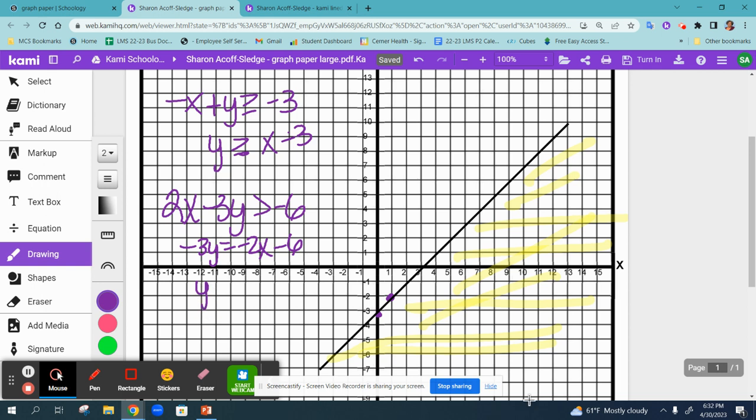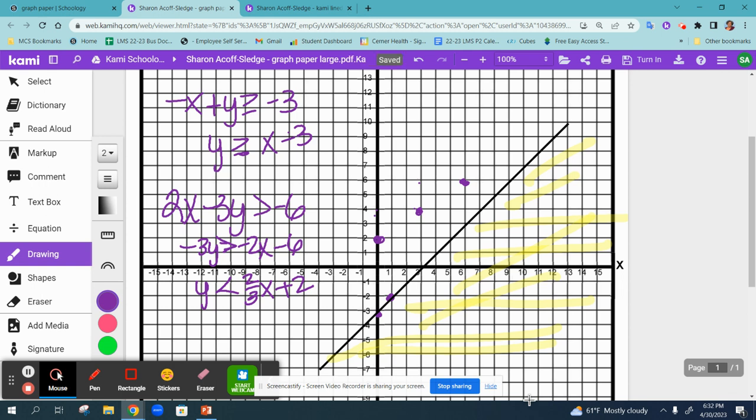So that's going to flip my inequality that way. So this is going to be a positive 2/3. Divide that by negative 3, that's going to be a positive 2. So my y-intercept is 2. My slope is 2 over 3. So I go up 2 and over 3, up 2 and over 3.